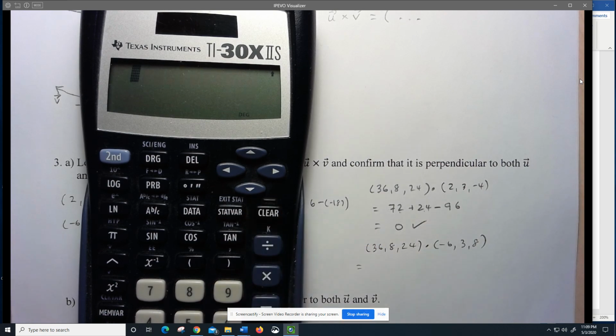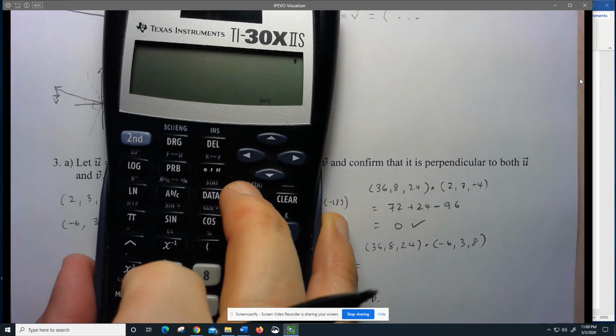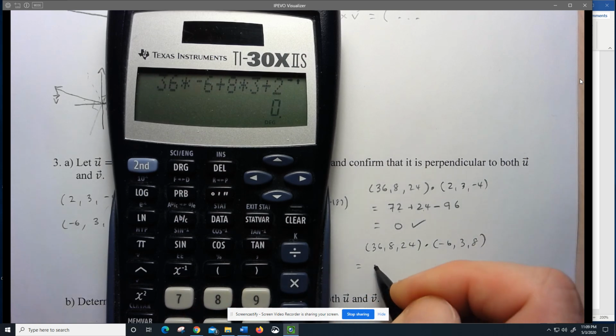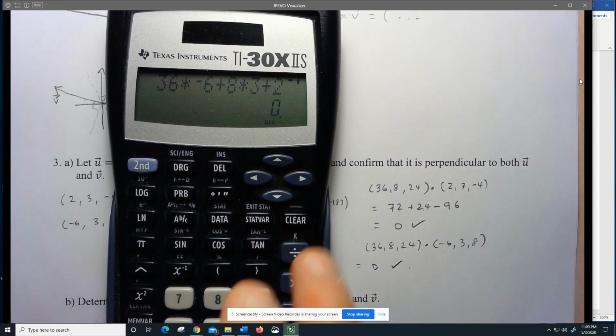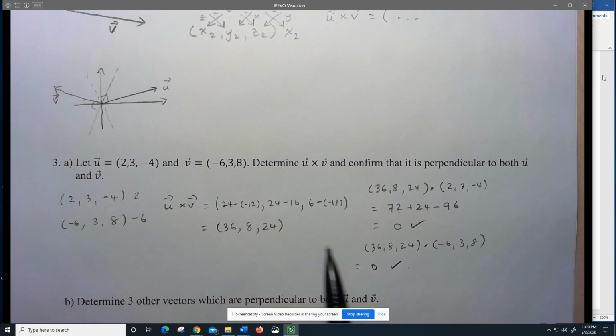I'm pretty sure this should work, so let me make sure I wrote everything else correctly. -6, 3, 8, and 36, 8, 24. So let's try again. So we've got 36 times -6 plus 8 times 3 plus 24 times 8. And there we go, we get 0. I must have typed something in incorrectly into my calculator. All right, so just a bit of not a proof, but definitely an indication that we're not just making this up.